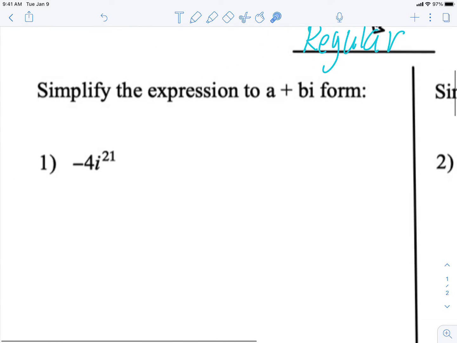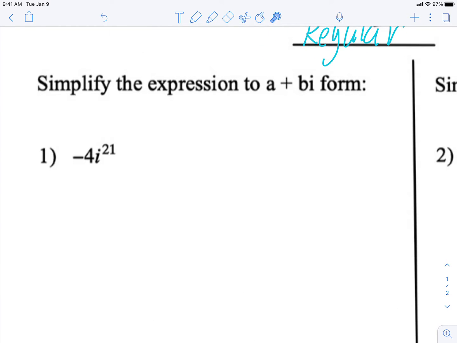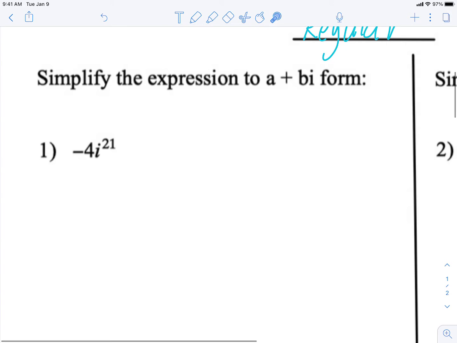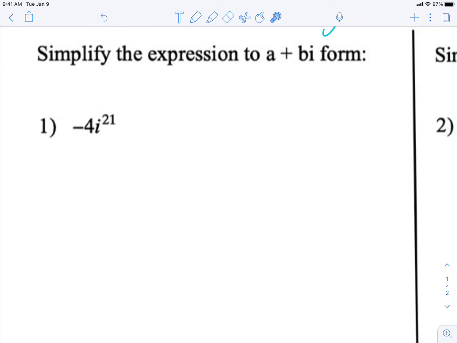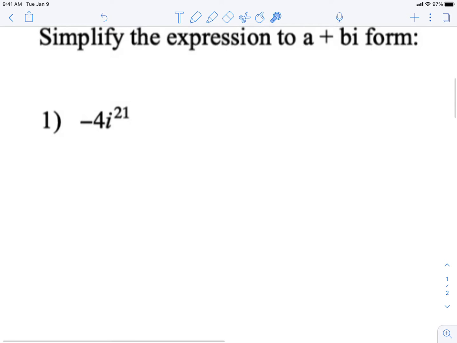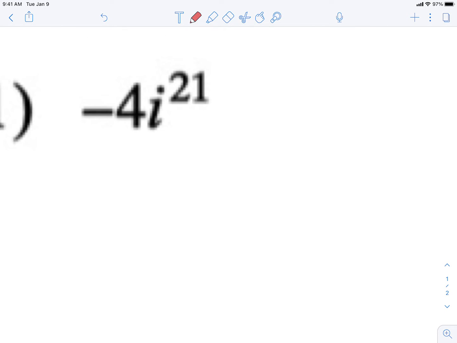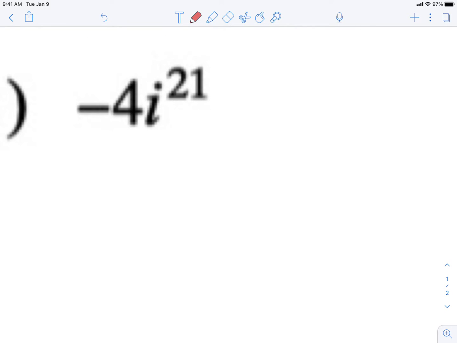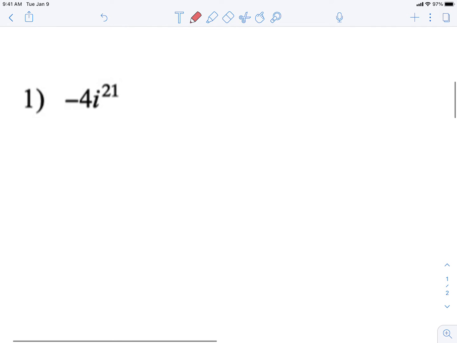So let's take a look. So the first example says, simplify the expression to A plus BI form. All right, so let's take a look. So this one's a little different because look, it says negative 4 I to the 21 power.